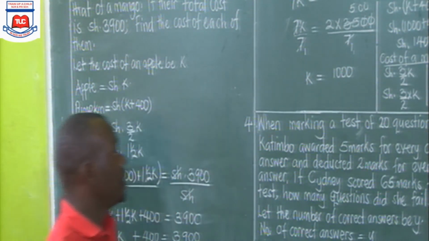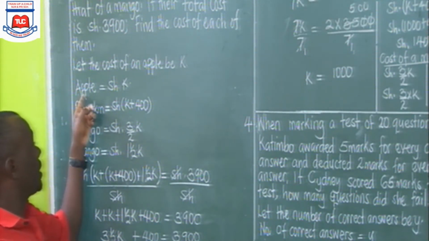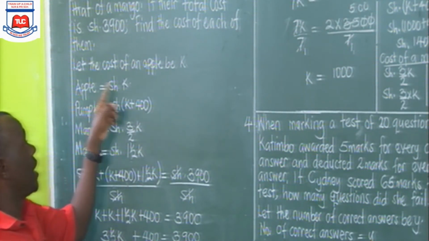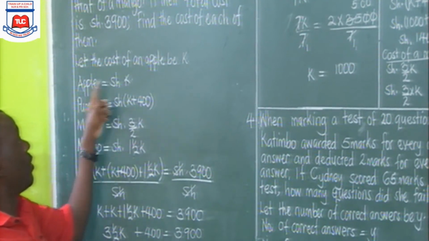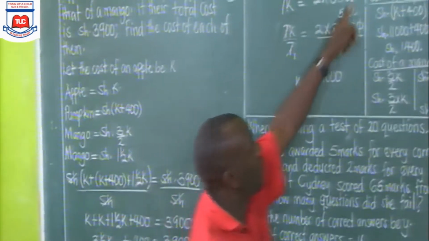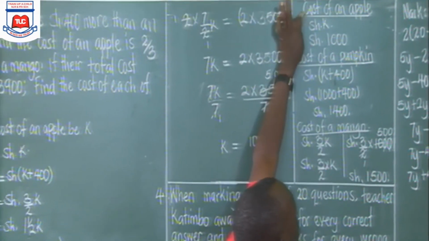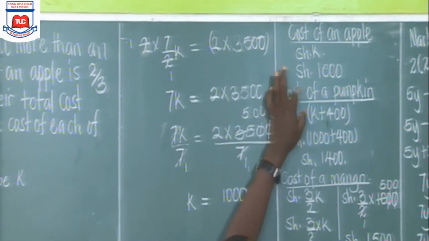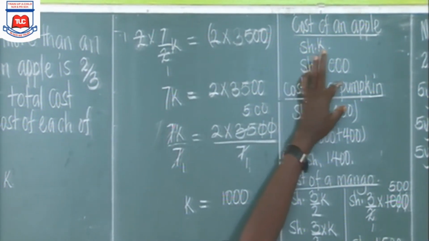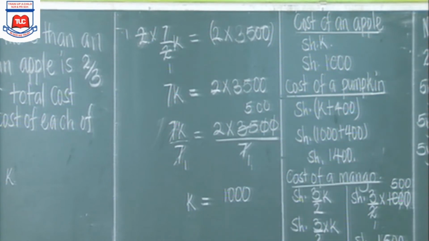Go to the substitution step by getting the equivalent of these in terms of k. An apple costs k shillings, which k is 1,000. So an apple costs 1,000 shillings.